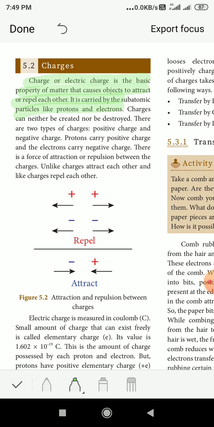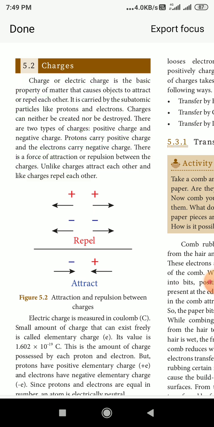Protons always carry the positive charge and electrons carry the negative charge. There is a force of attraction or repulsion between the charges. Unlike charges attract and like charges repel each other. Unlike charges means a positive and a negative charge, and like charges means two positives or two negatives.